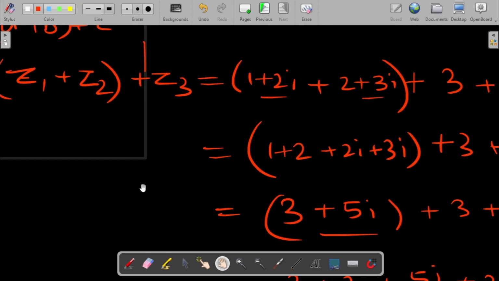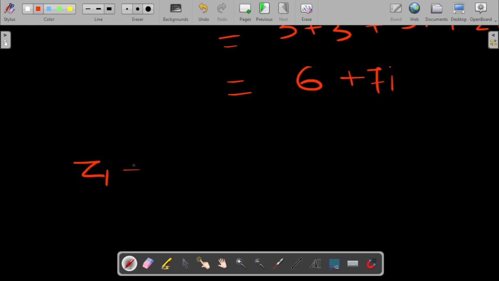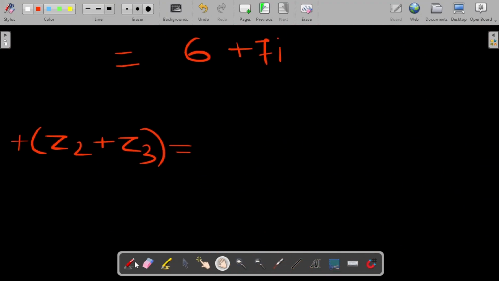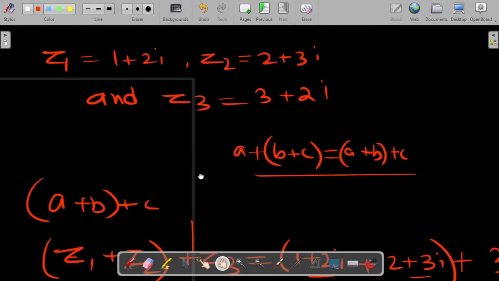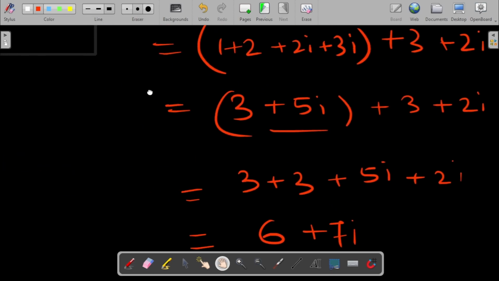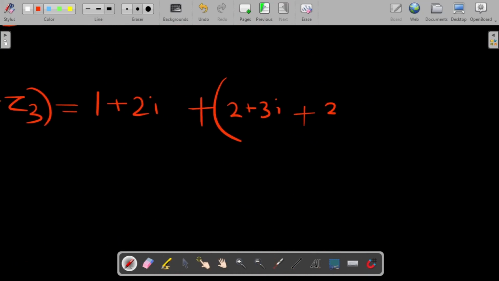Now I will check z1 plus (z2 plus z3). If firstly I add z2 and z3, and after that I add z1, then what will I get? z1 is 1 plus 2i, z2 is 2 plus 3i, and z3 is 3 plus 2i.